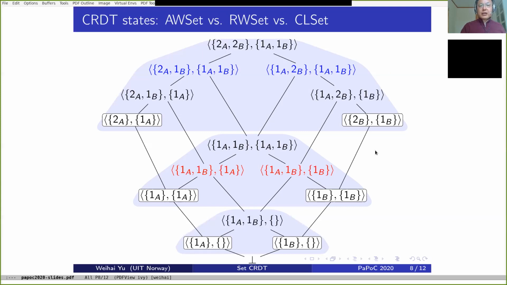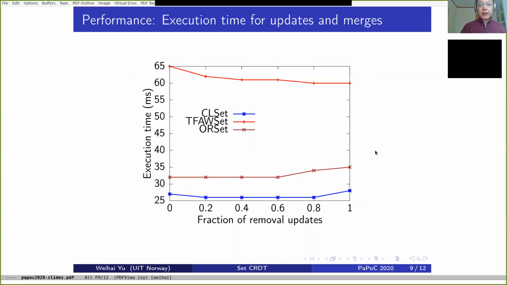We have also made some performance studies. We compared three different set CRDTs: CLSet, the OR-set, and an optimization of the OR-set known as the tombstone-free add-wins set.